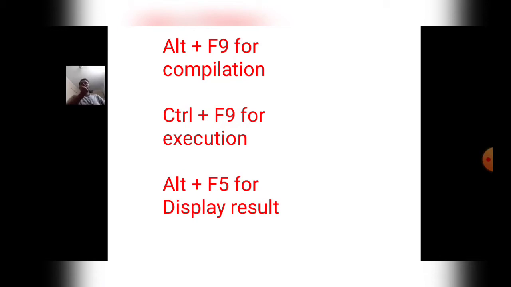The Alt F9 is used for compilation. What is the meaning of compilation? After coding of a C program by the programmer, the programmer can verify with the compilation process whether the program is correct or not according to C software syntaxes.